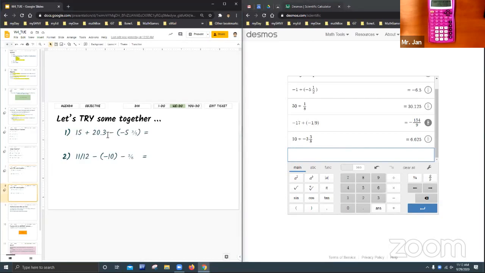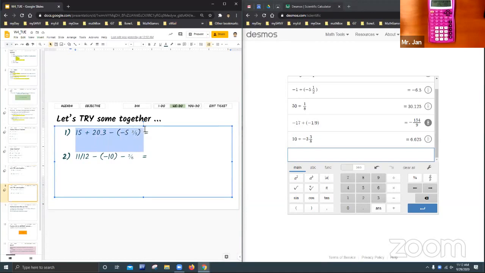And next slide. What do you think about this one? Now it's a little bit longer. You have an integer number, a decimal number, and a fraction number. So 1091. Let's check it.